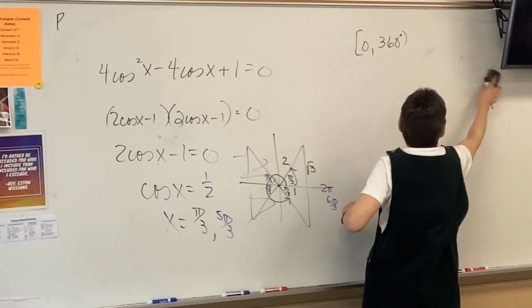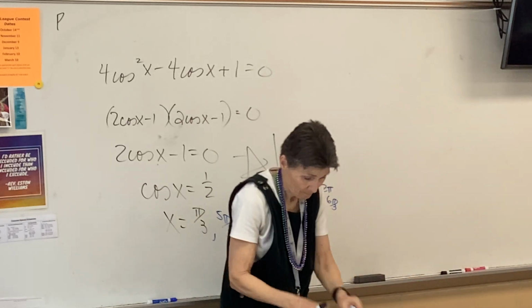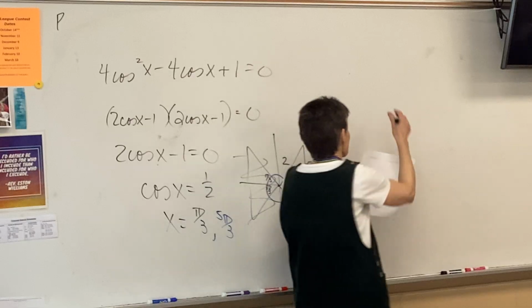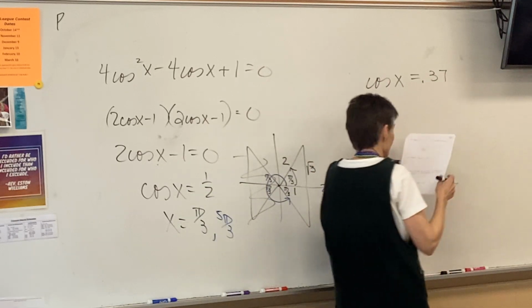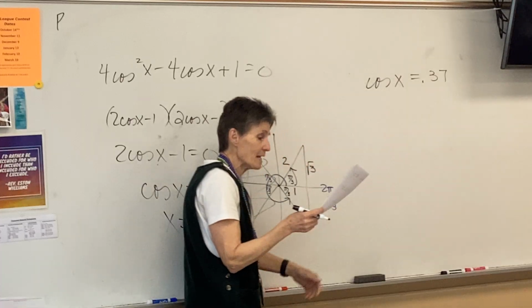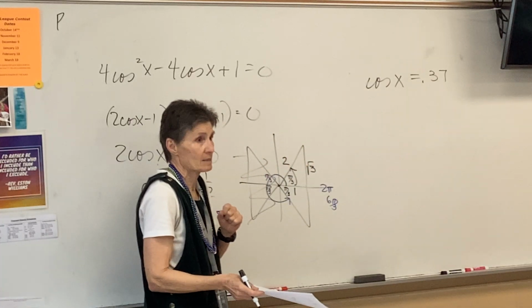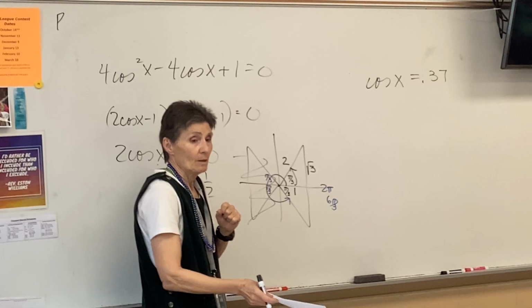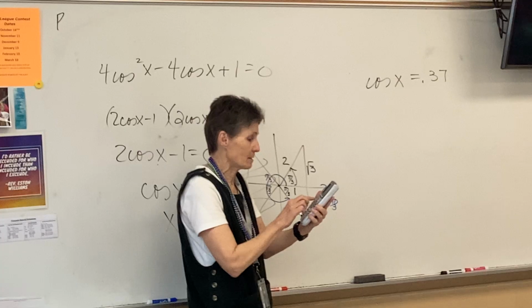Yeah. All right. Let's look at problem number 5. It says cosine x equals 0.37. I am to answer in degrees and radians. Okay, so we can only do one at a time. What do you want to do first, degrees or radians?